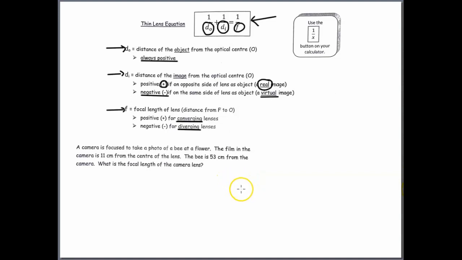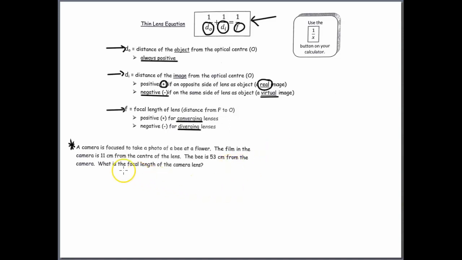So let's try 3 different examples here. Here's the first example. A camera is focused to take a photo of a bee at a flower. The film in the camera is 11 centimeters from the center of the lens. So what does that mean? Well, if you have your camera, you have light coming off the object, going through the lens, and then it will focus on the film.